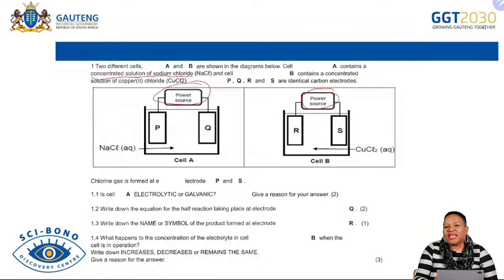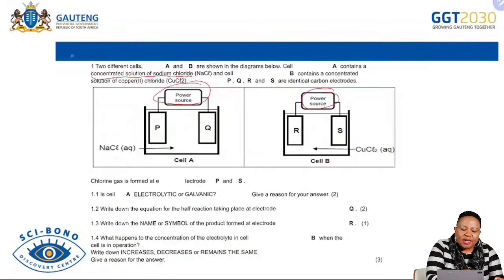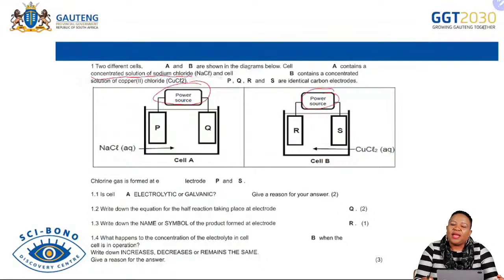Already, we have discussed the oxidation process and the reduction process in that cell. So even here, you will remember the oxidation and reduction processes that occur in the sodium chloride half cell. And cell B, it says, contains a concentrated solution of copper chloride.